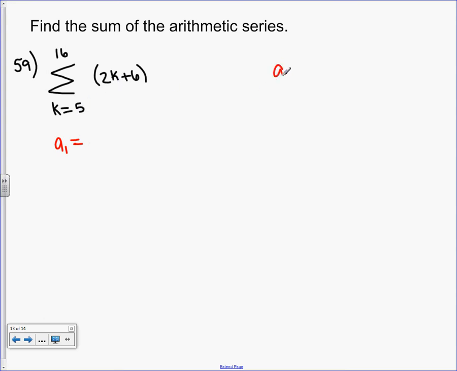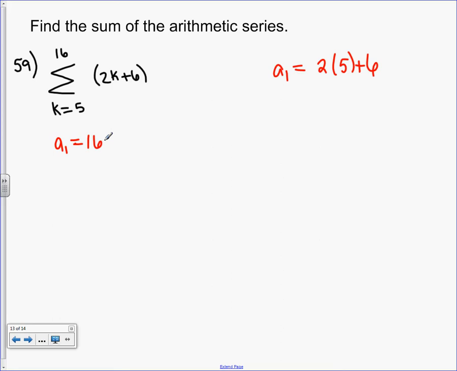So a sub 1 is equal to 2 times the k plus the 6. When I plug k in, the bottom one, to the equation, the function, whatever, I get what? 16. That's 10 plus 6, so 16. So my first term is 16. It's not 5. I plug 5 in to get my first term.